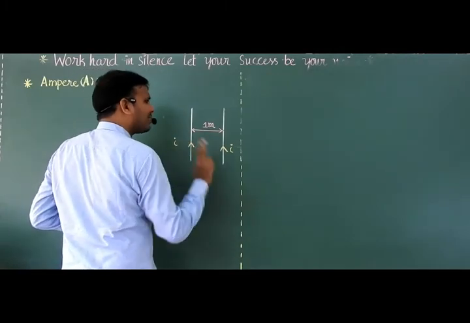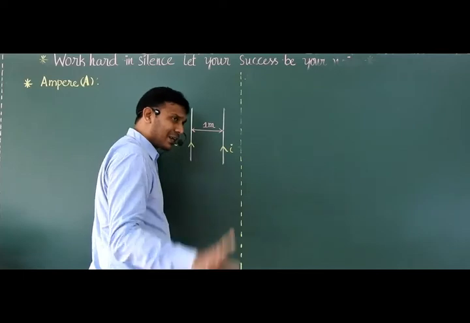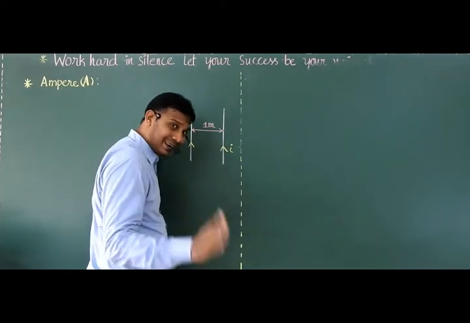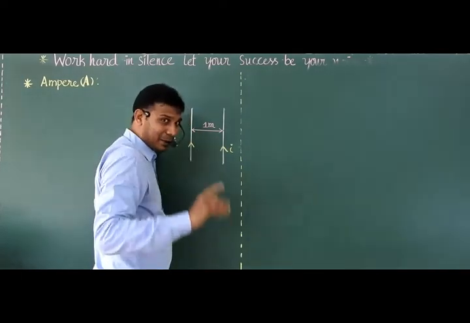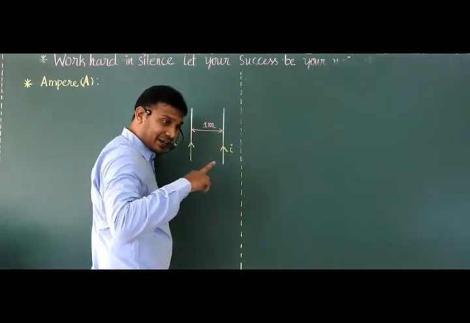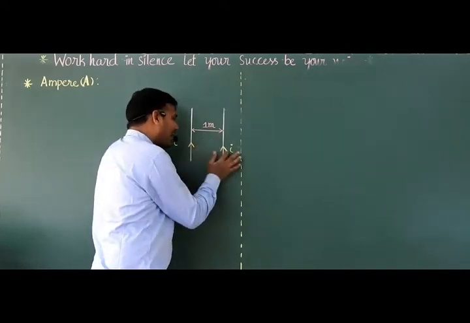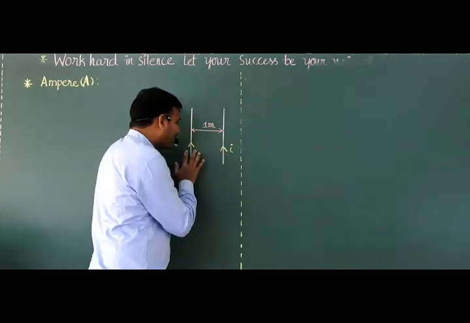Now two thin conductors of negligible cross section, which are parallel to each other, not perpendicular to each other, separated by 1 meter distance. Both are carrying the same current.